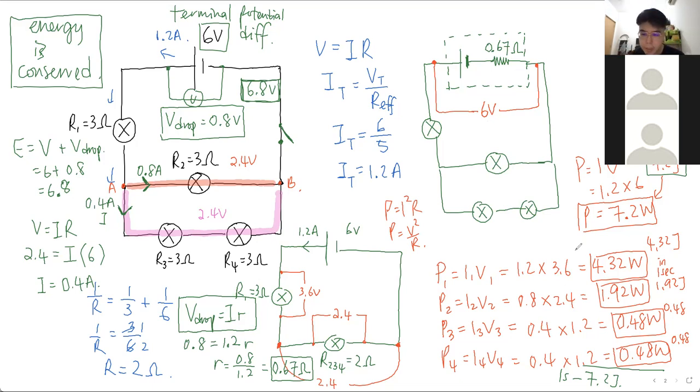Okay, so which one is the brightest? This one, right? So 4.32 is the highest power. So P1, bulb number 1, this first bulb is the brightest. Which one is the dimmest? The dimmest is the lowest power, so it is P3 and P4. These two are the dimmest, and they have the same brightness.